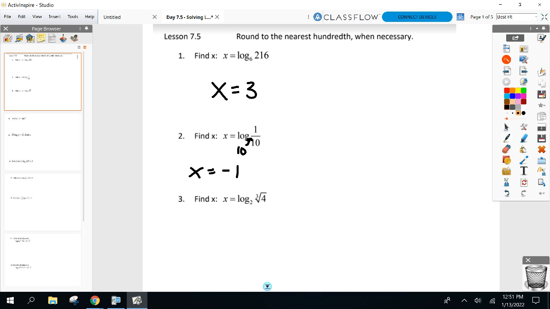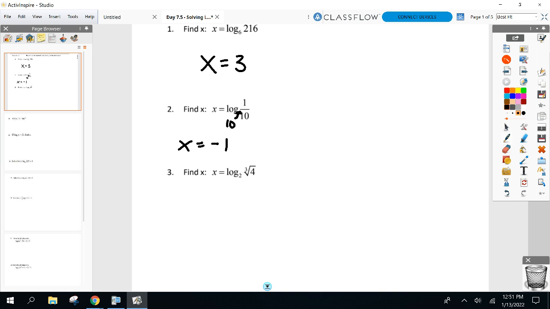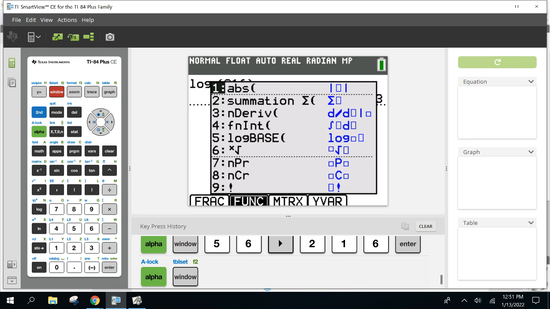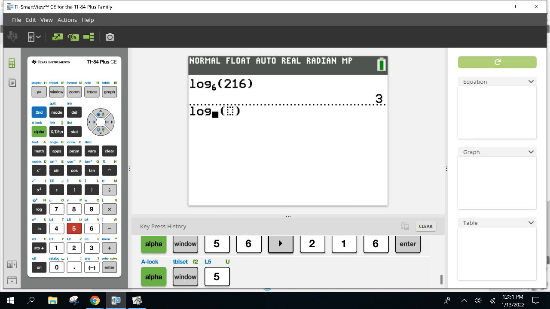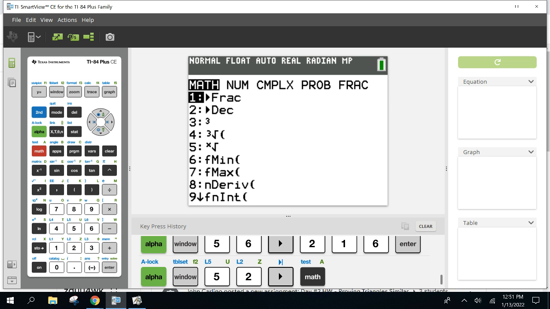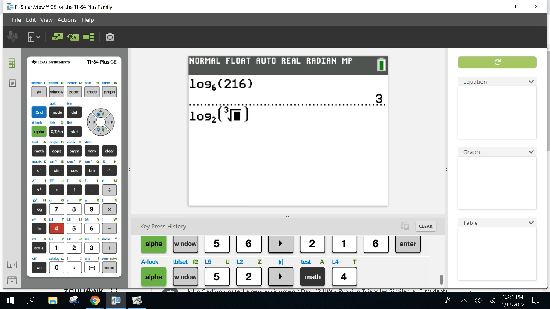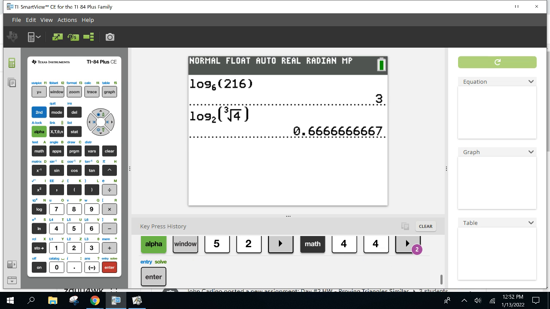Number 3, I just want to make sure we're capable of hitting a couple more buttons on the calculator. So log, alpha window, get your log template up. Now we're going to plug in 2 for the base. Cube root. Want to remind me again? Cube root? Math, good. Choice 4. And then you can type in 4. Just want to make sure we get used to the calculator.